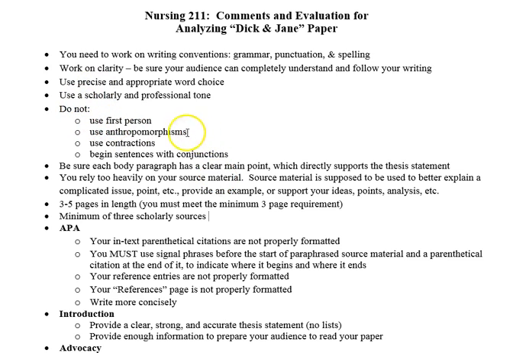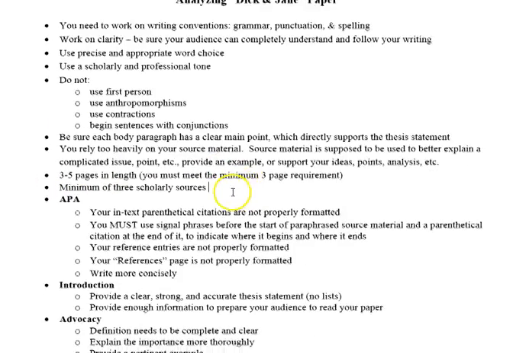First person, anthropomorphisms. If you don't know what an anthropomorphism is, I suggest you look it up. Don't use contractions, because using contractions is not a scholarly academic way of writing. You want to take those contractions out, unless of course it's in a direct quote. And just here, 3-5 pages in length, 3 scholarly sources, etc.